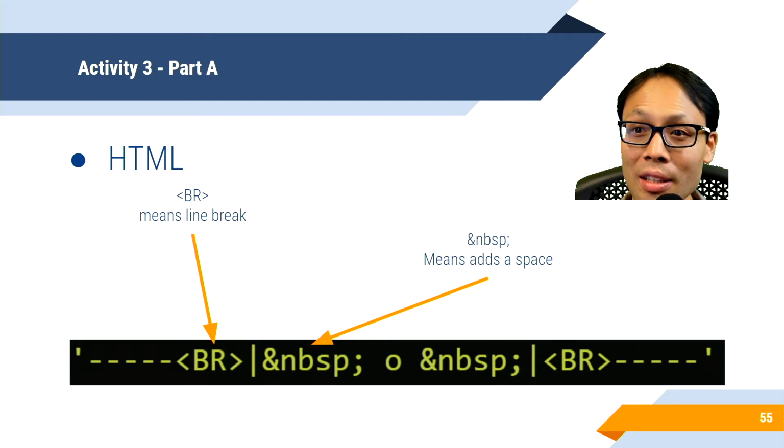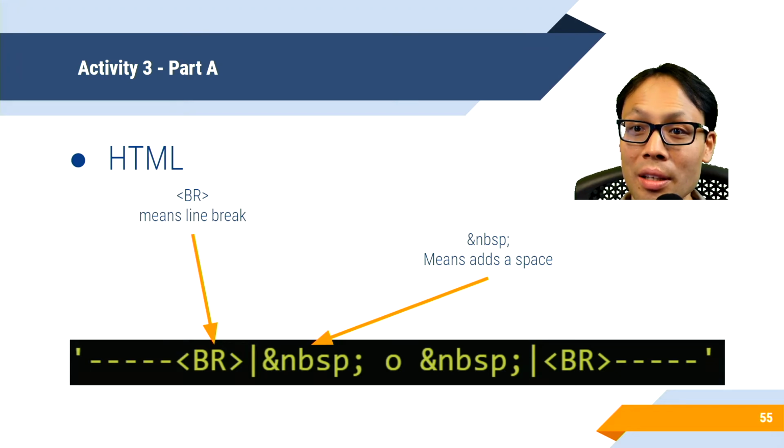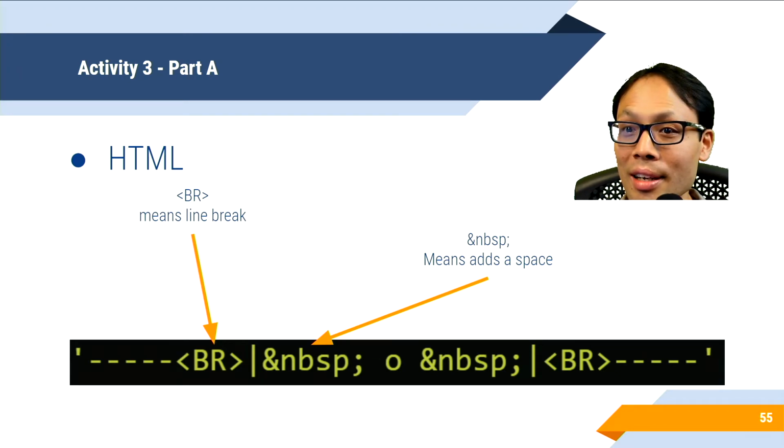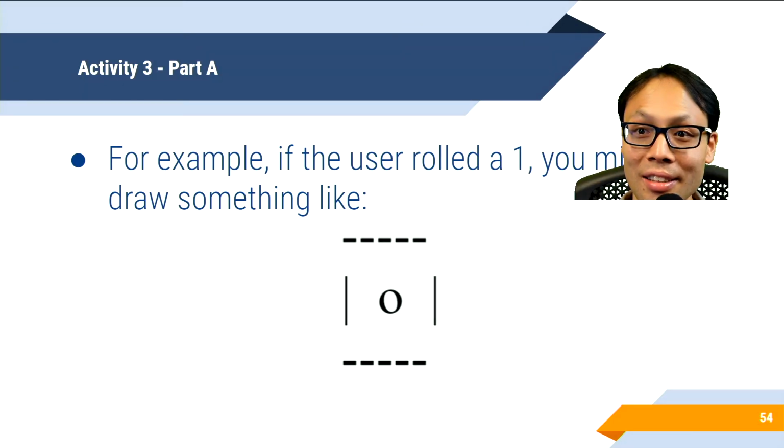Pipe is kind of like that vertical line there. Now, ampersand nbsp semicolon just stands for a space. So it just kind of adds a space in there. Then I've got the circle as if it were like a die. And then I added another space, a pipe, a BR, and some more hyphens to achieve that die looking like this over here.